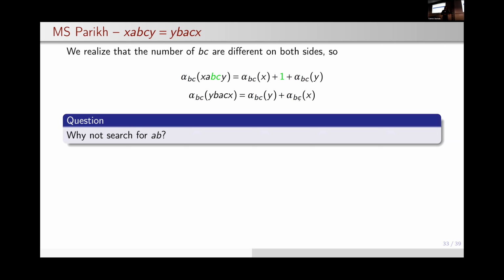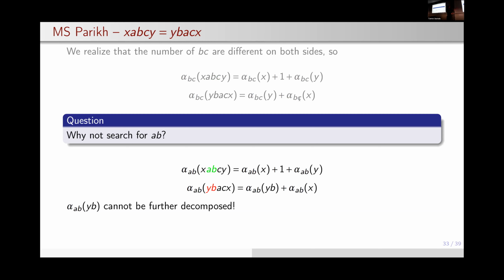But there's a natural question which asks, well, why don't we look for the a b's, for example? I mean, it's a natural question. There's an a b in the equation. Why not look for them? Well, we can, but it's not very helpful. It's for certain an a b here. We will count it, of course. But how many a b's are on the left-hand side? You don't know.